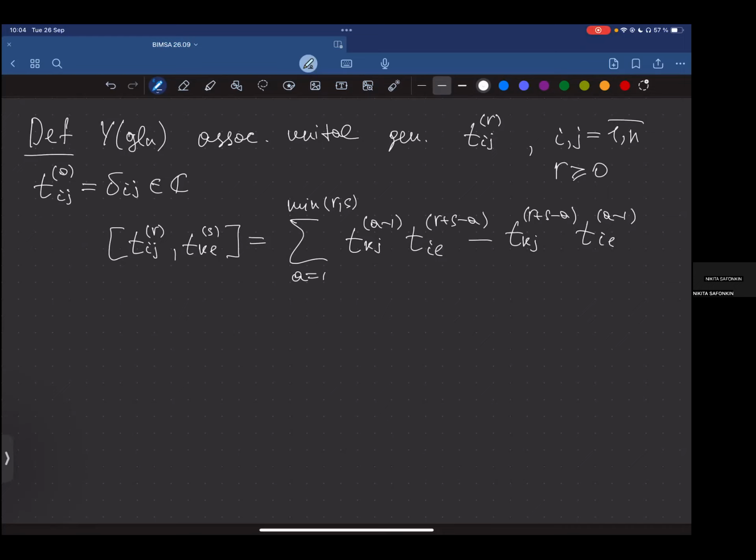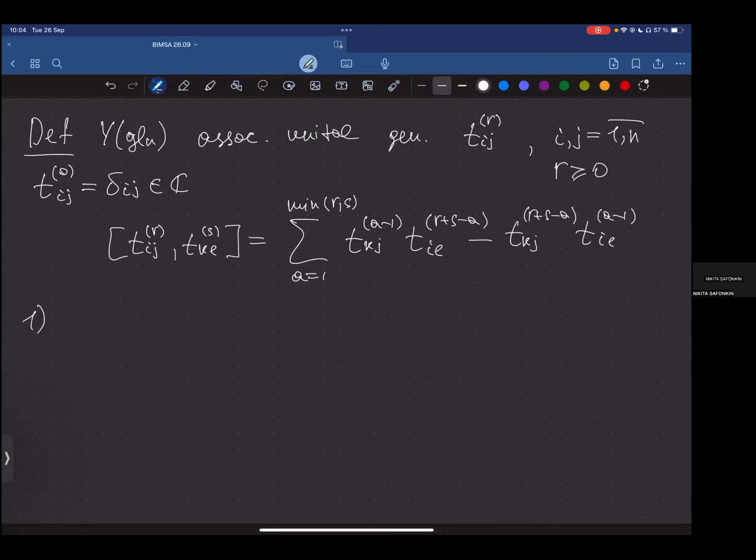What properties of the Yangian would I like to discuss? Well, there are in fact two properties which I would like to generalize in a more general framework. And all of these properties are related to the fact that this Yangian is a filtered algebra.